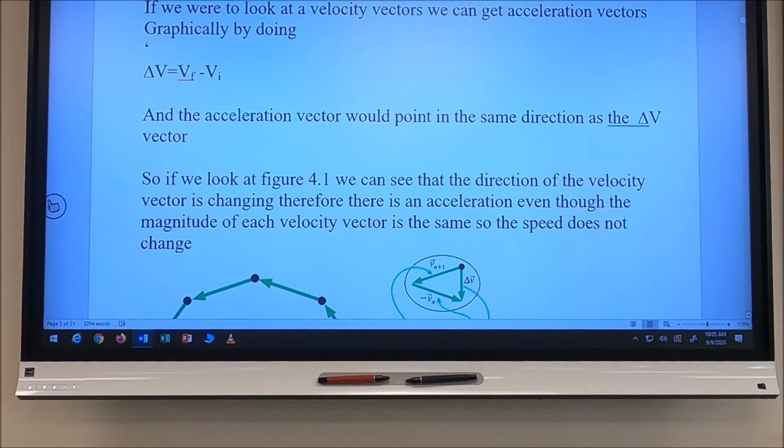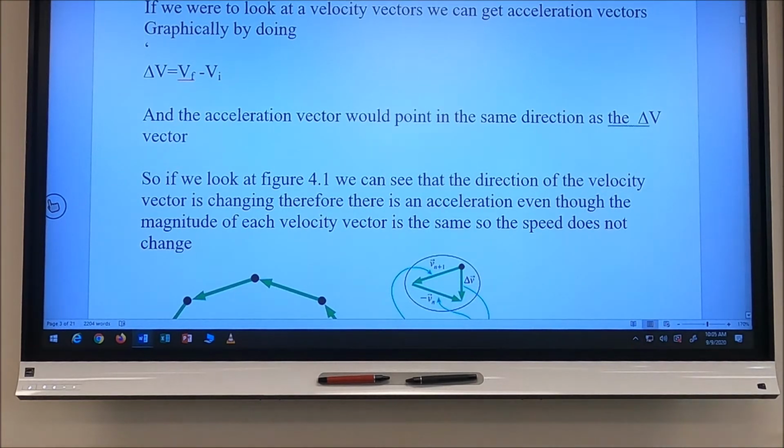Now we know that we would get acceleration vectors graphically by looking at v final and v initial, and we know that delta v, which is v final minus v initial, would tell us the direction that the acceleration vector points. Acceleration always points in the direction of delta v.